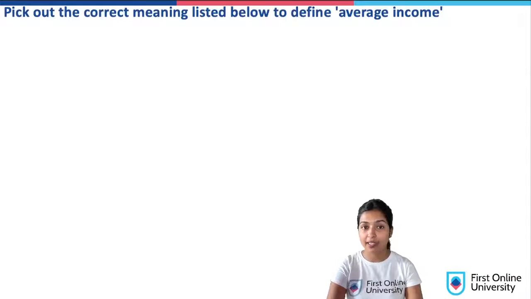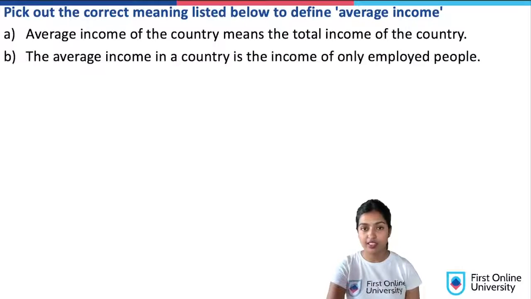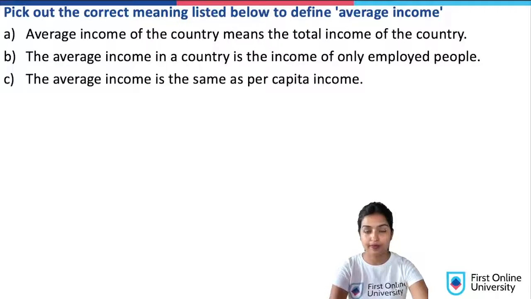Pick out the correct meaning listed below to define average income. A. Average income of the country means the total income of the country. B. It means it is the income of only employed people. C. It is the same as per capita income.